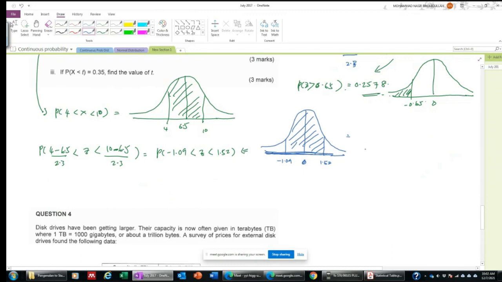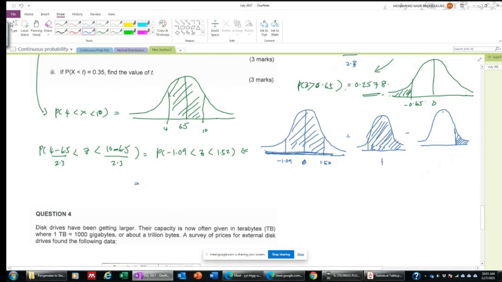To find this area, what we need to do is take all of this area minus this area, right? Then we will get this area. So how to do this?